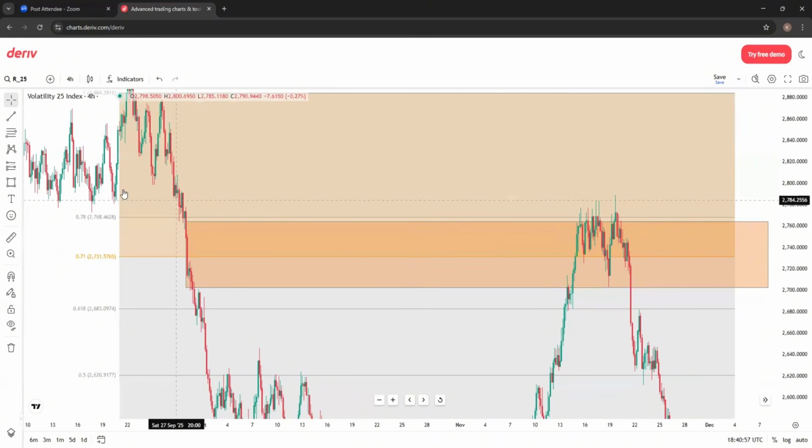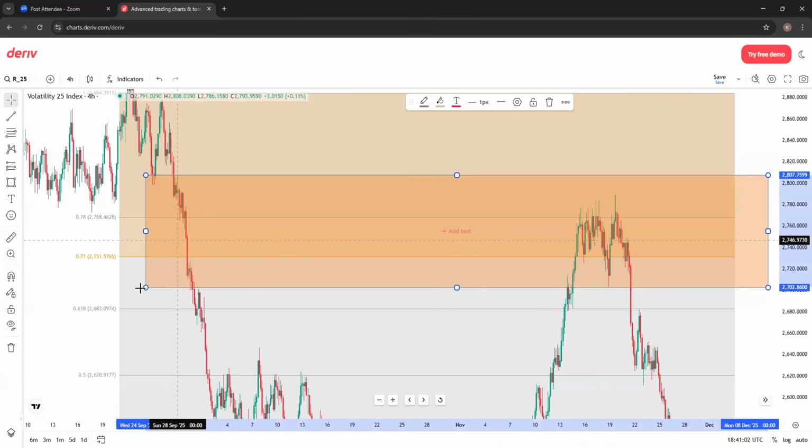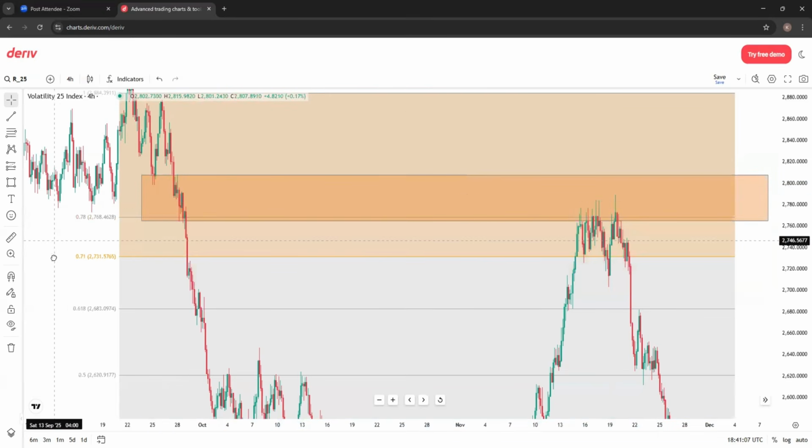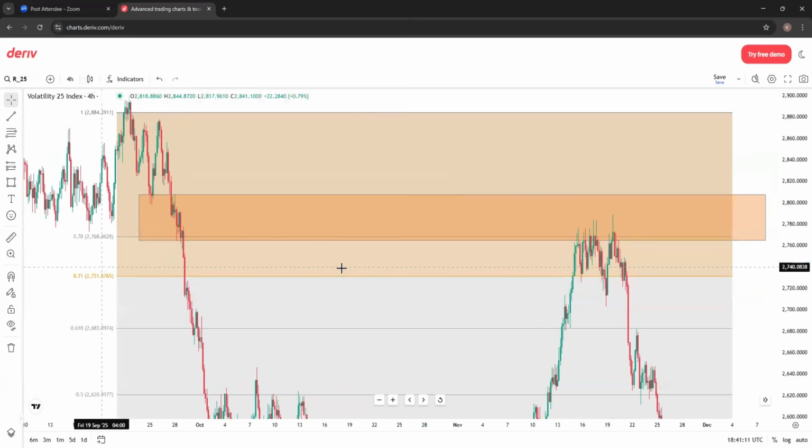But we have a supply zone over here. I know I haven't taught you about supplies, but these are some of the confluences that I'm talking about. We need supporting factors, right? It's not always that your trade is going to come at the 0.618 and play out there, or the 0.71.